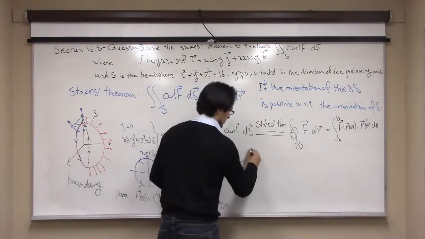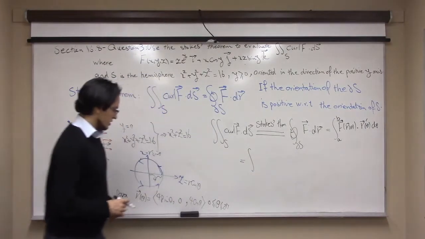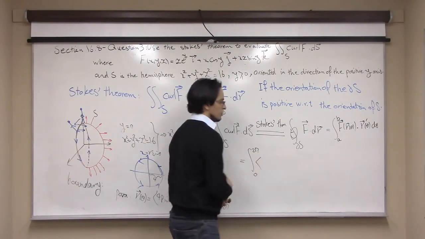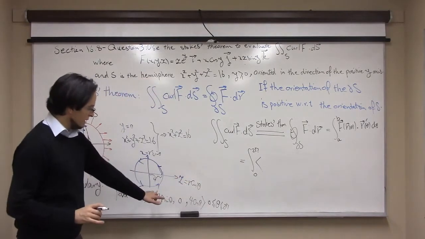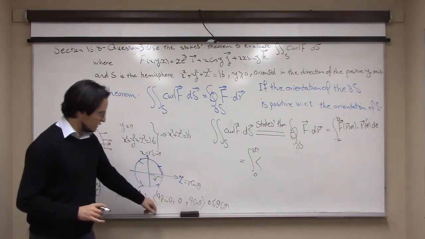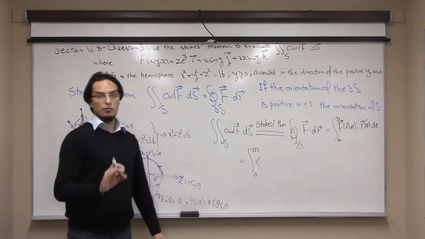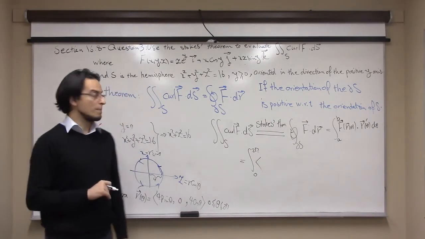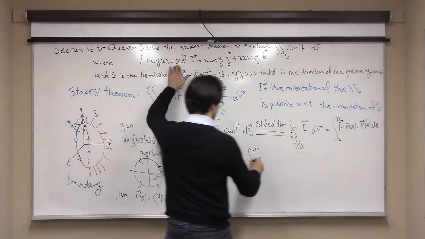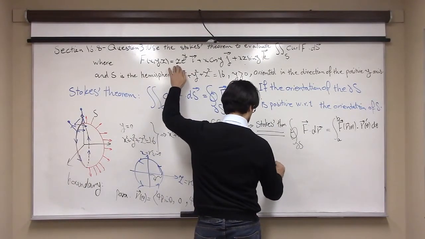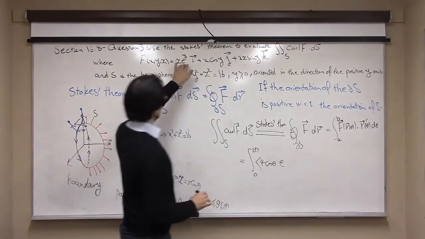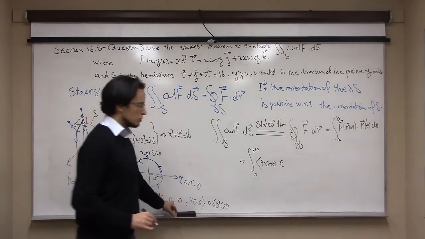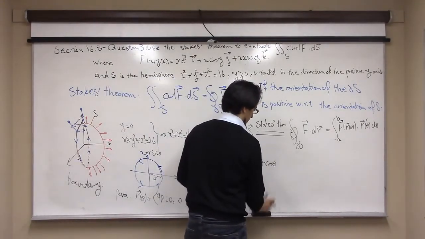Okay, now let's apply all these things. 0 to 2 pi, that's the boundary. For the vector field, for x I have to plug in 4 sine theta, for z I have to plug in 4 cosine theta, and for y I have to plug in 0. So here, z is 4 cosine theta, then e to the power y. e to the power y is e to the 0, which is 1.